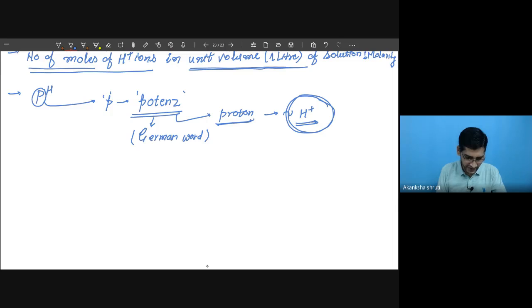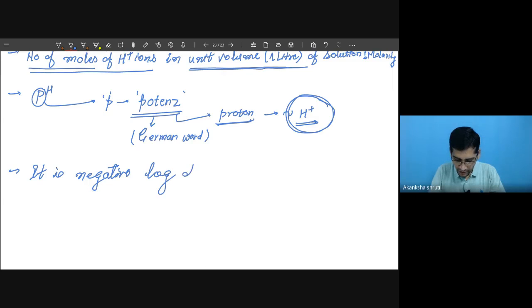Now, how is the definition? It is the negative logarithm, or log, of hydrogen ion concentration. Write this: hydrogen ion concentration.